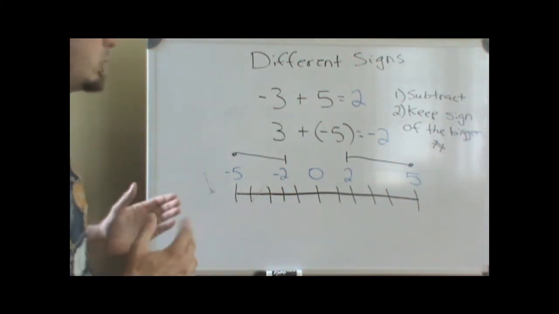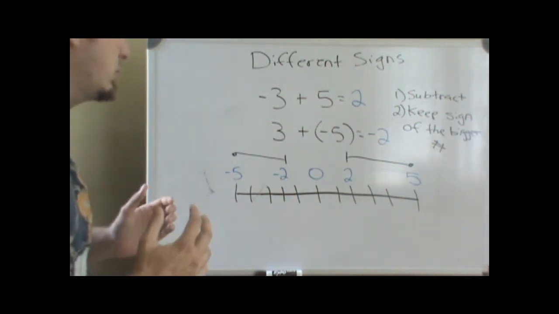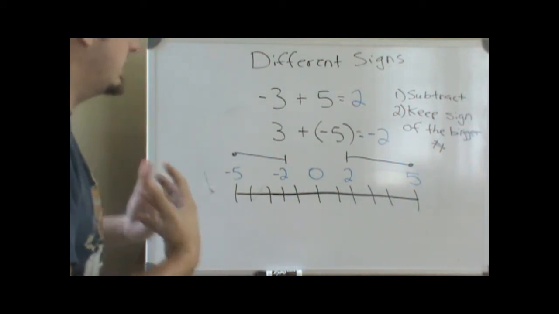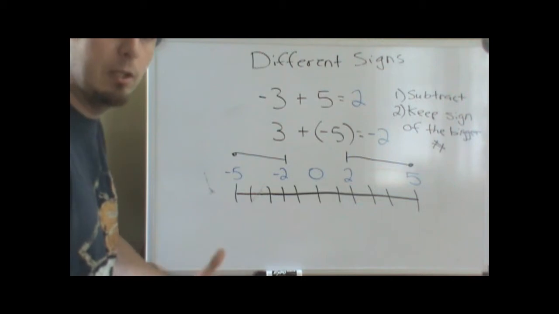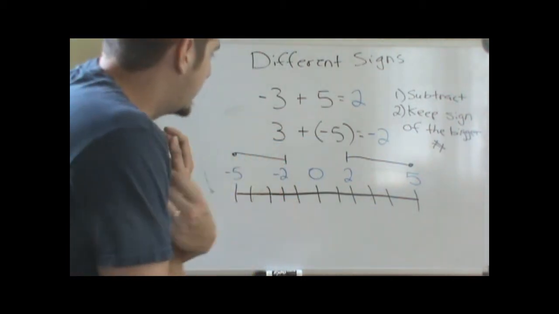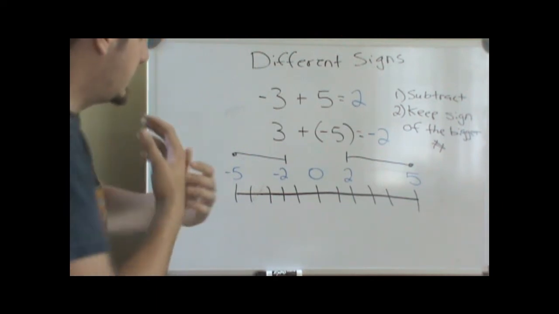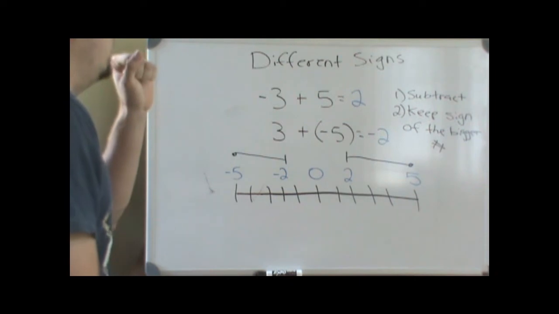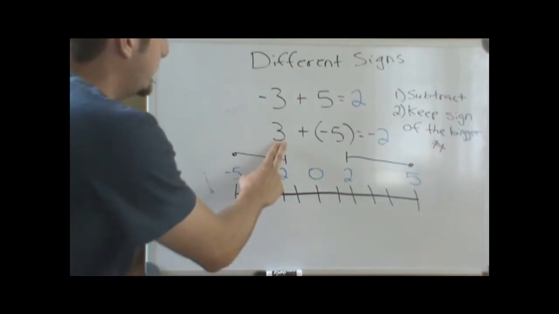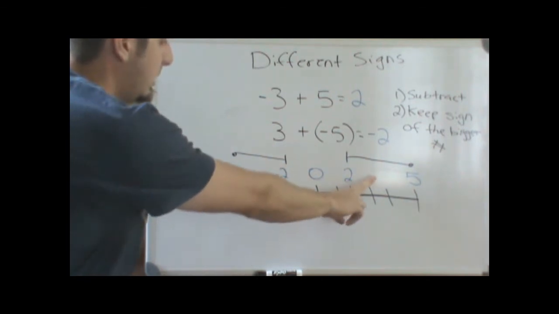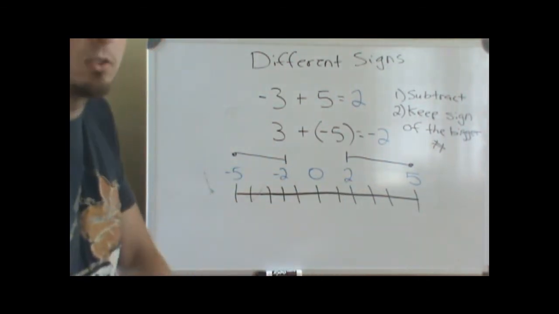The bigger number is almost, a way to think about it, it's almost like it's absorbing the smaller number. Now the smaller number isn't going to overtake the bigger number because the bigger number is bigger. So when the bigger number absorbs the smaller number, the bigger number will change, but it will still keep its sign. So it's impossible for this little number to ever get back to the other side and change the sign of the answer.